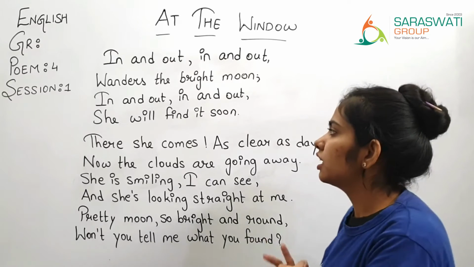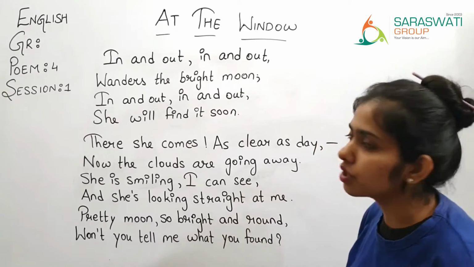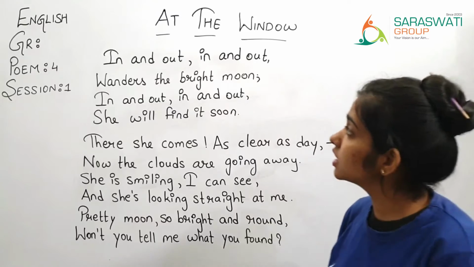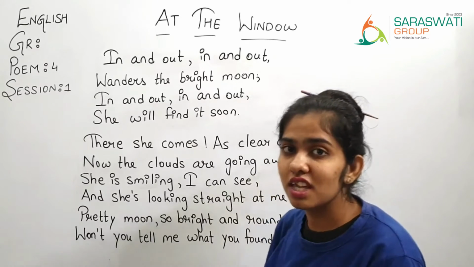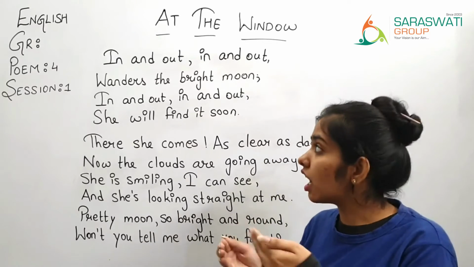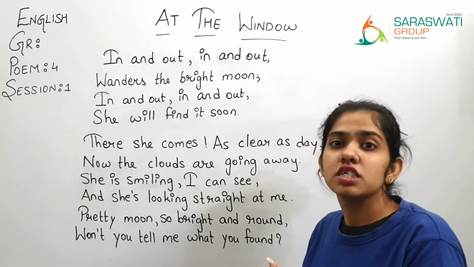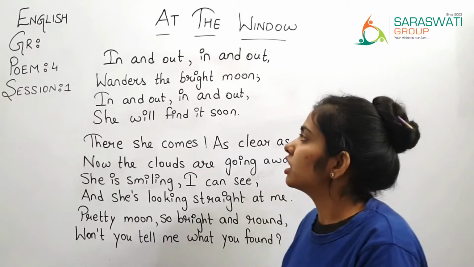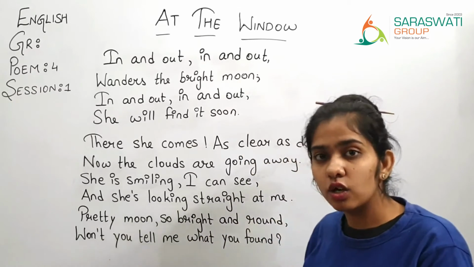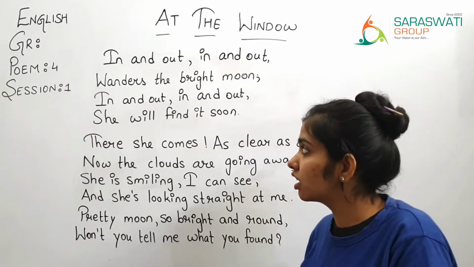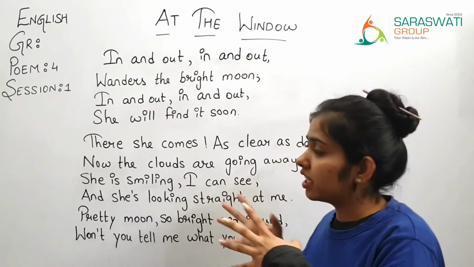In and out, she will find it soon. The poet says again, the moon is doing the same thing, in and out, wanders the bright moon. Bright moon is wandering, means walking slowly. In and out, again in and out, the moon is doing, and she will find it soon.